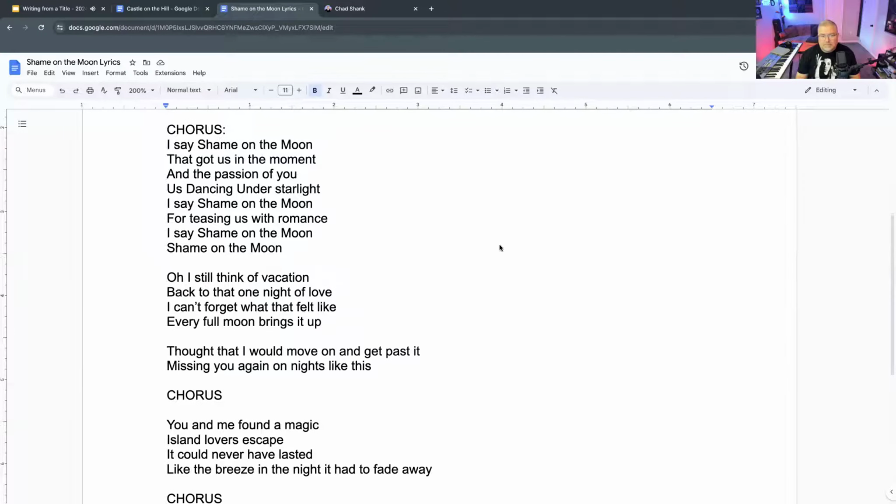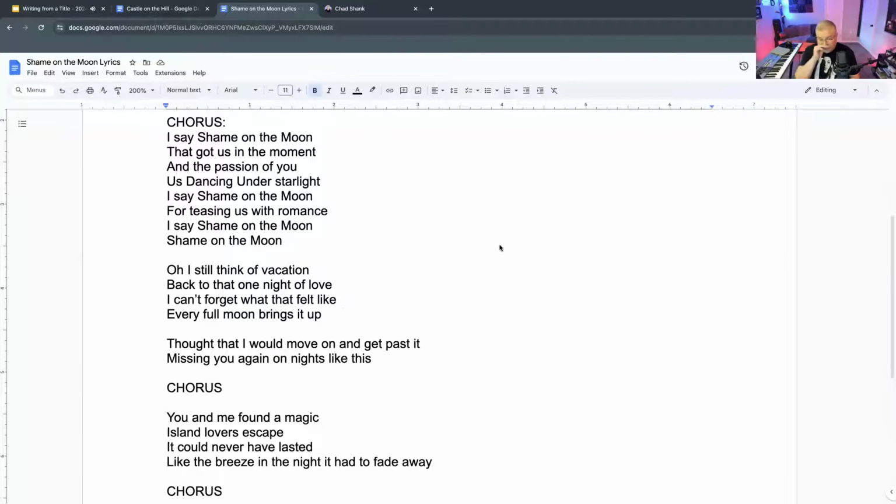I say shame on the moon that got us in this moment, and the passion of you, us dancing under starlight. I say shame on the moon for teasing us with romance. I say shame on the moon, shame on the moon.